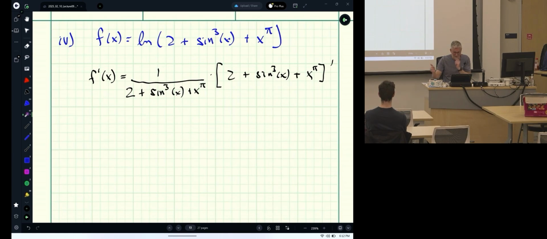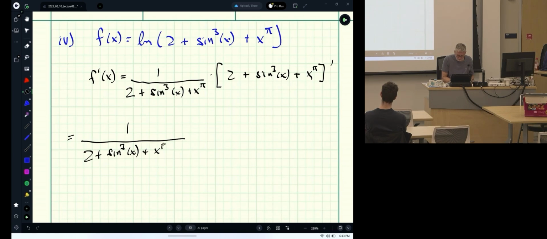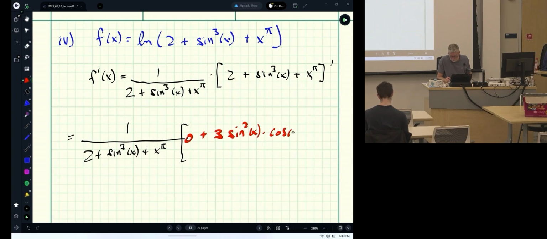Everybody agree? Okay. So this was 0 plus 3 sine squared of x times the derivative of sine of x, which is cosine of x.